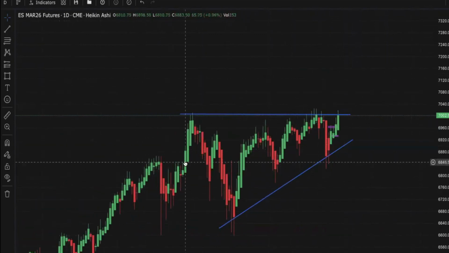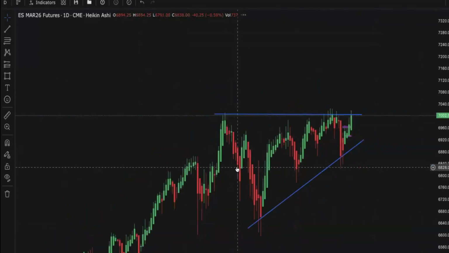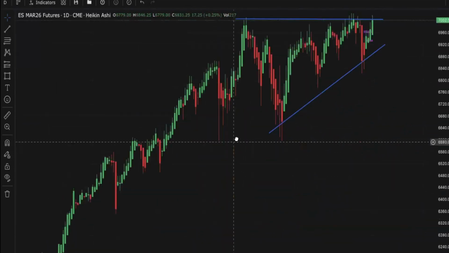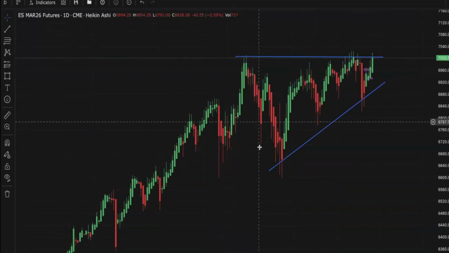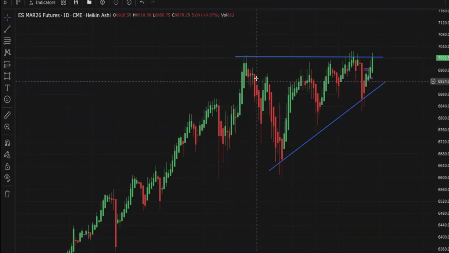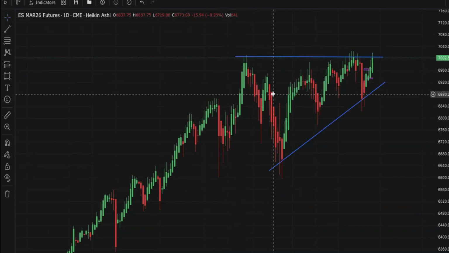So this is the daily candle, as far as you can see. The market has been on an uptrend for a long time. So those types of red candles, you can call them a pullback or a retest. Either way, it's fine.